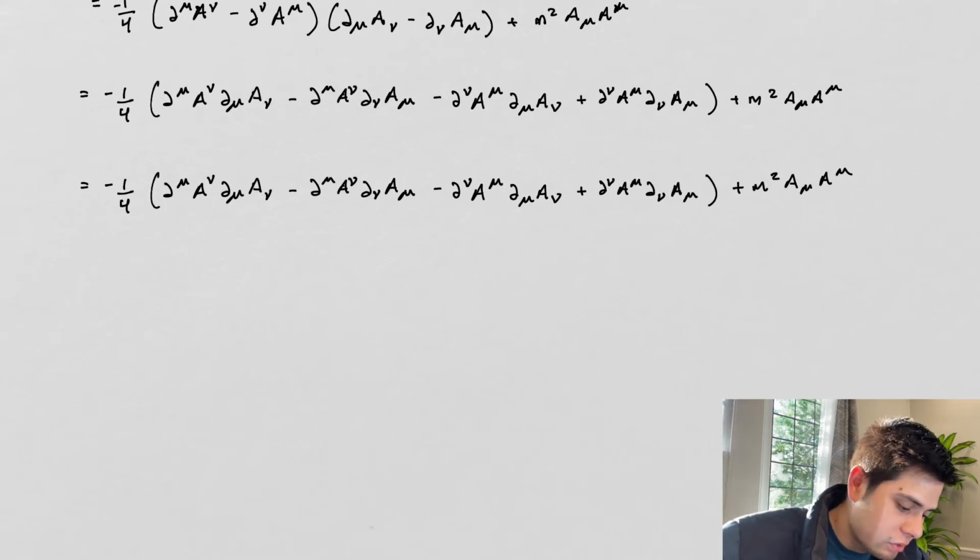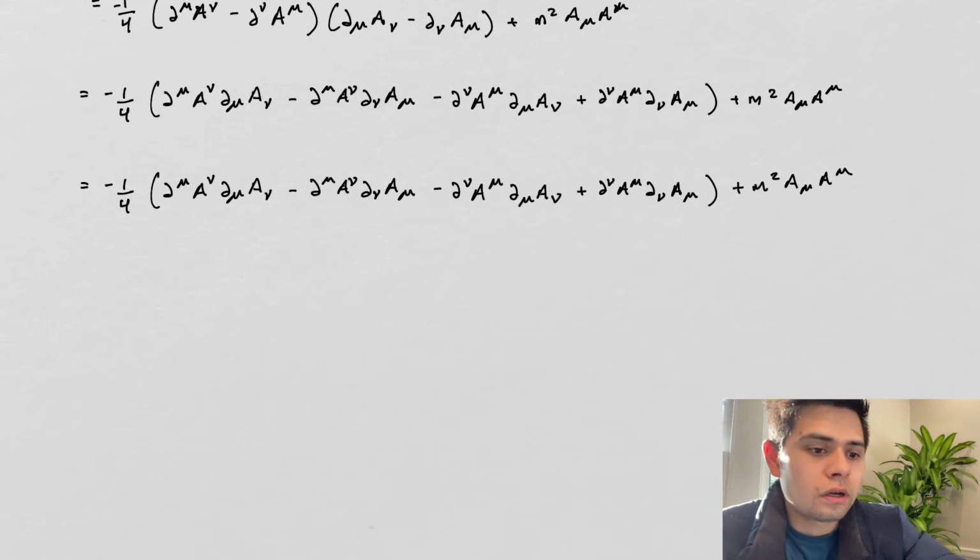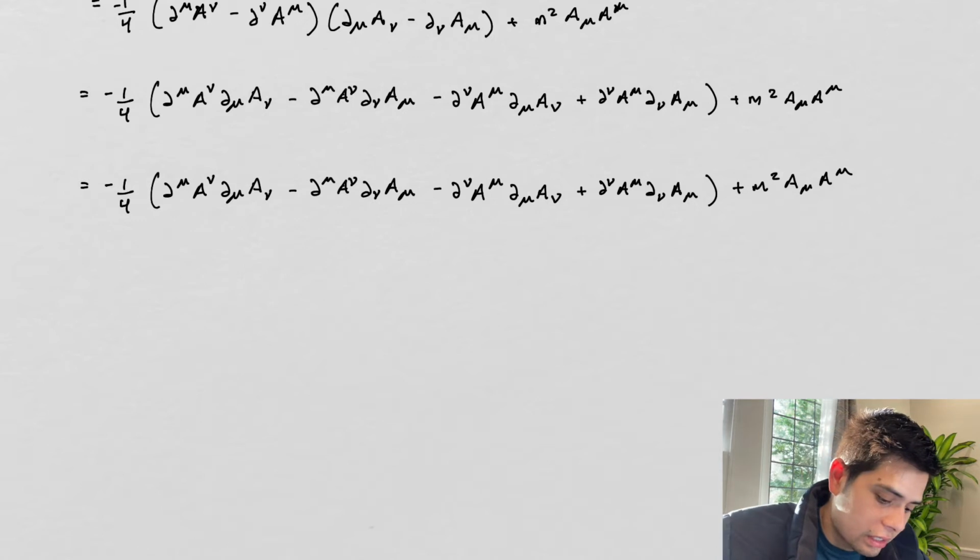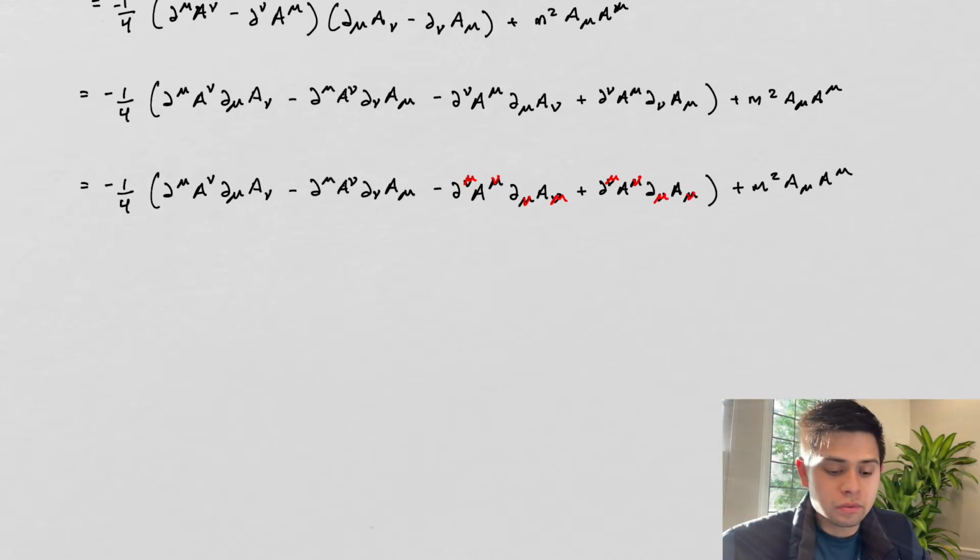What I'm going to do here is really just change these guys, right? So I'm going to make that a mu and this a nu. Oh, wait. Yeah, make this a nu, make this a mu, and mu, nu, mu, and nu. Again, the reason we're able to do this is because they're really just dummy indices.